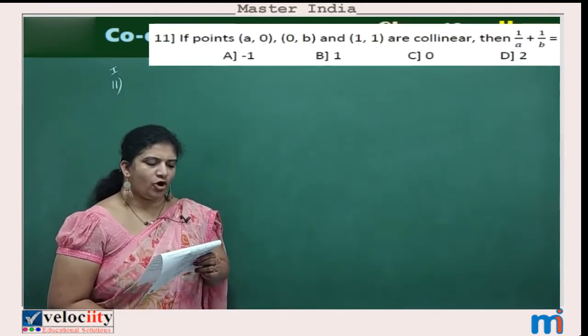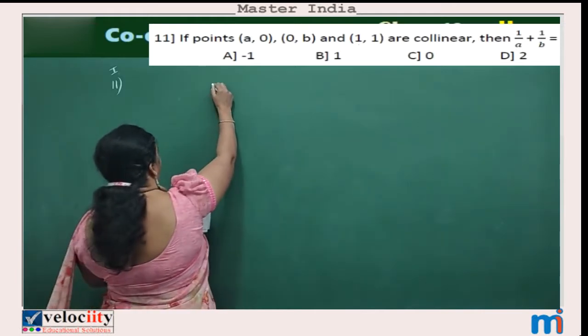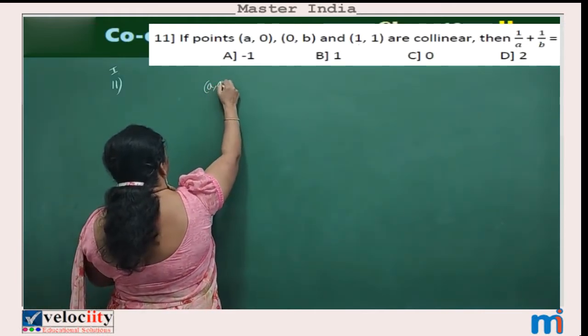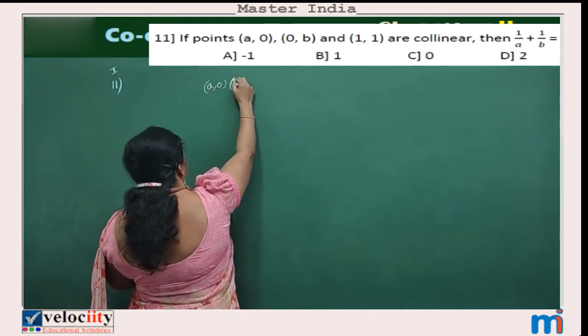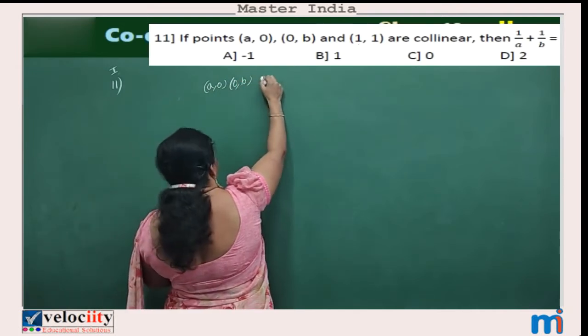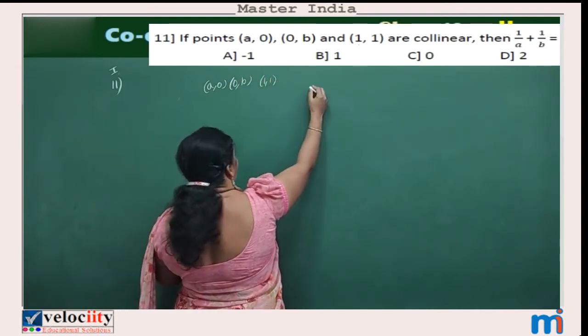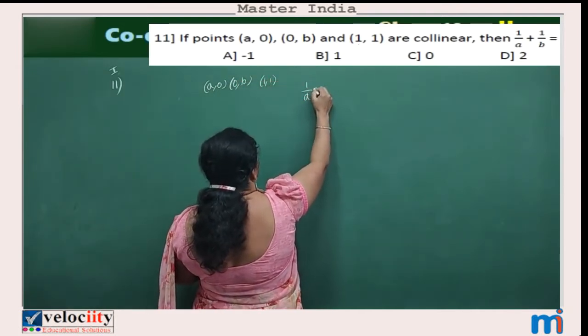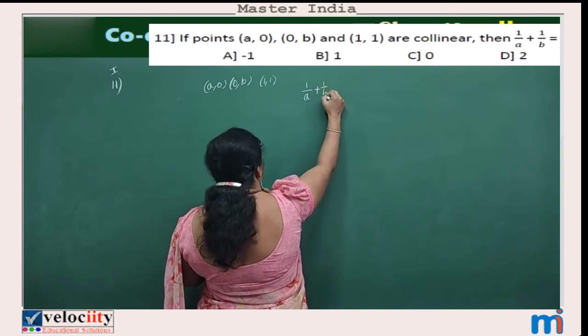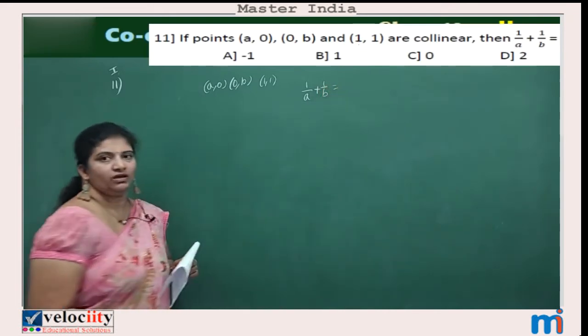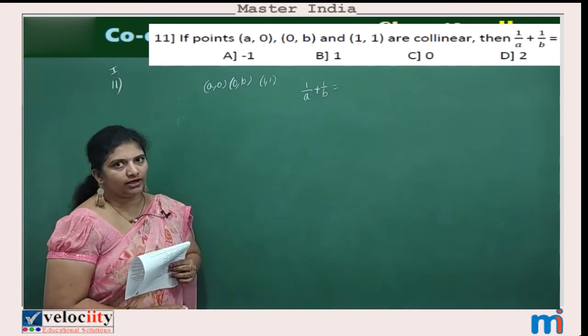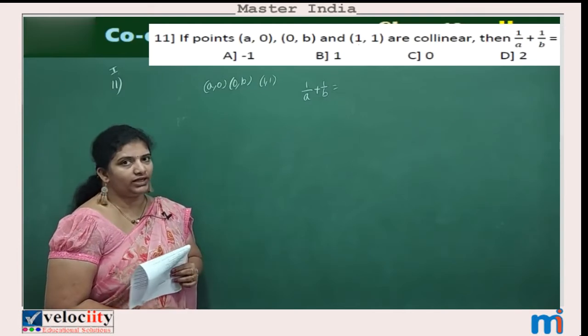11th question. If points A(A, 0), (0, B) and (1, 1) are collinear, then find 1 by A plus 1 by B is equal to. They have given 3 coordinates and said they are collinear.